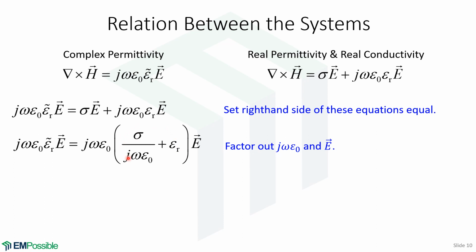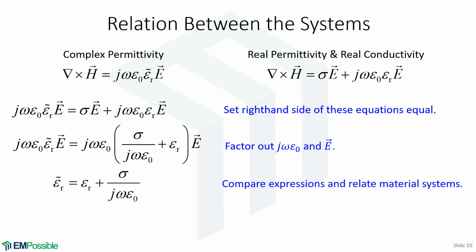And so we're left with this expression in parentheses from what happened on the right side of this equation. Now if we compare both sides, whatever's in parentheses here must be the same thing as the complex permittivity. So that's exactly it. Complex permittivity is the real valued permittivity plus our conductivity divided by j omega epsilon naught.